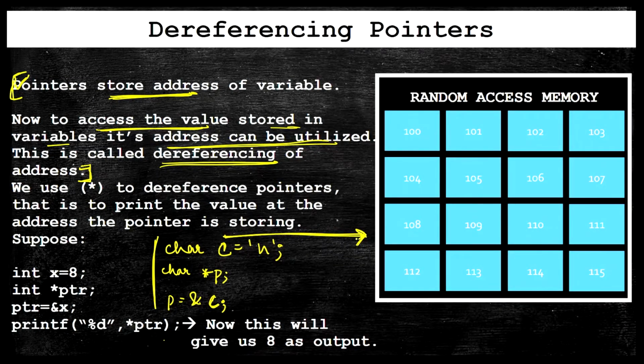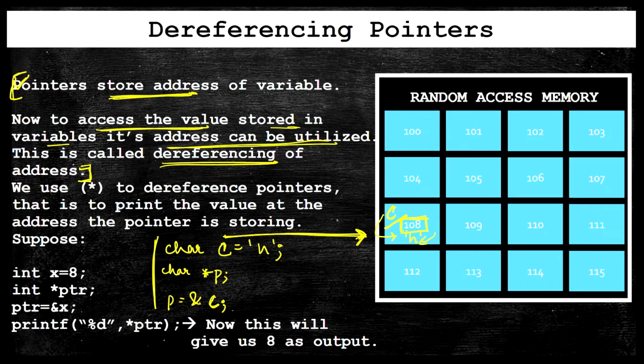In that, this block is occupied by c. Let us assume. Okay. Now, what is stored in this 108 block? The value which is stored here is 'H', and the name of the variable which is storing it is c. Okay. Now, once we know this address 108, we can print 'H' directly.